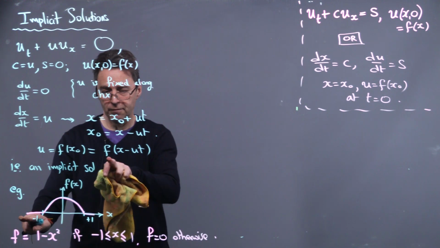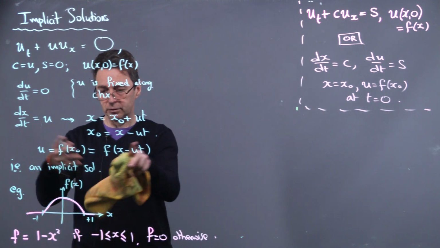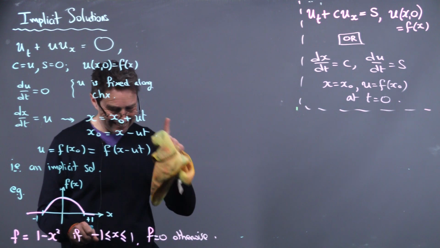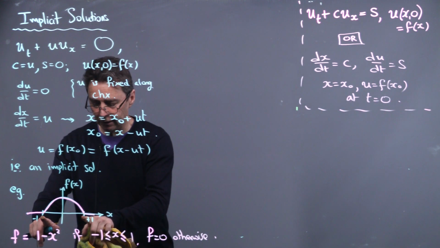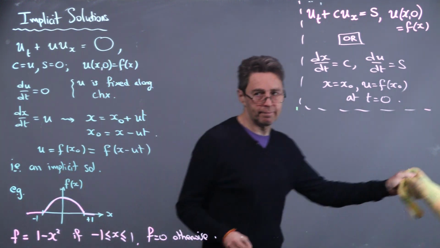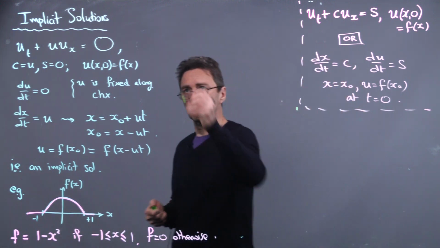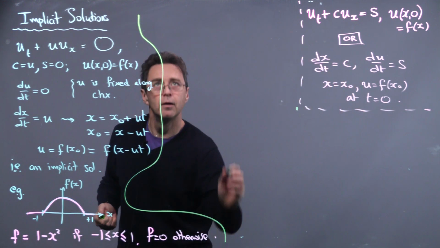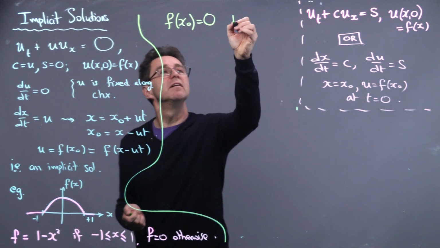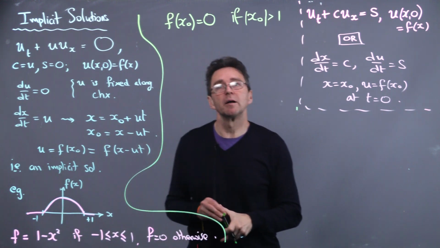Right, to begin with, f is equal to 0 there and there. And if f is 0, u is 0 for all time. Right, so for the intervals in x0 that correspond to this, I'm going to solve a quadratic. There and there, I get 0. So let's just summarize that. Right, so I've got f of x0 is equal to 0 if x0 is above 1 in absolute value.